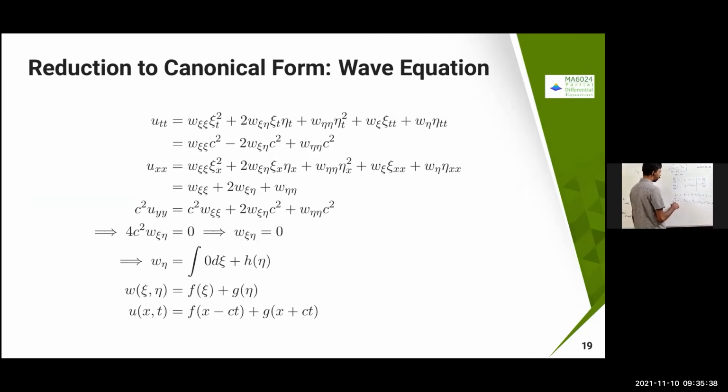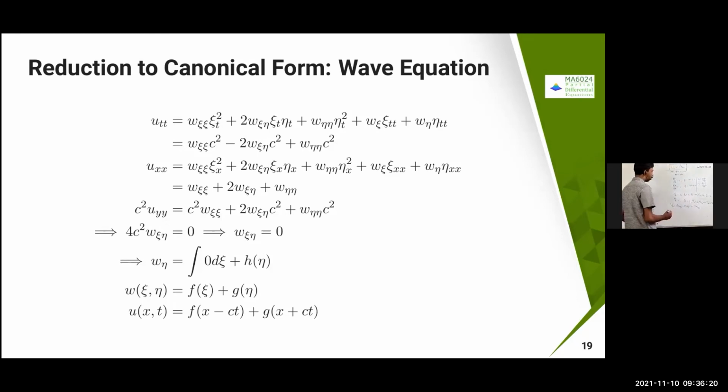That is going to become w chi chi into chi t square, so c square w chi chi, plus 2 times w chi eta into chi t eta t, therefore minus 2 w chi eta c square, plus w eta eta into eta t square, that is c square w eta eta. Then the next terms, w chi into chi tt is 0 and w eta into eta tt is also 0, so that is not going to be there.